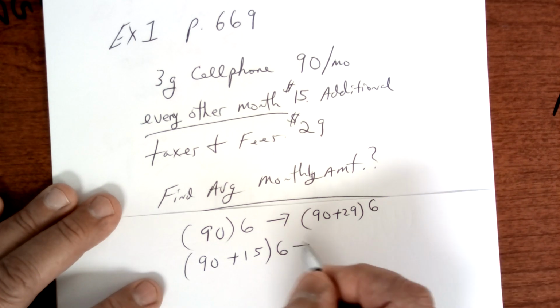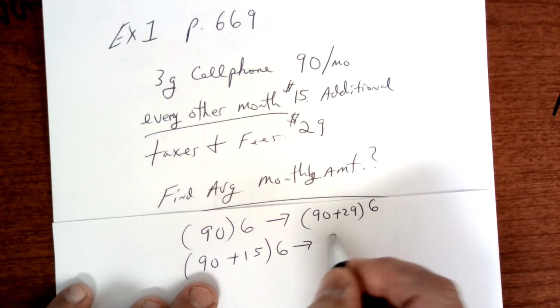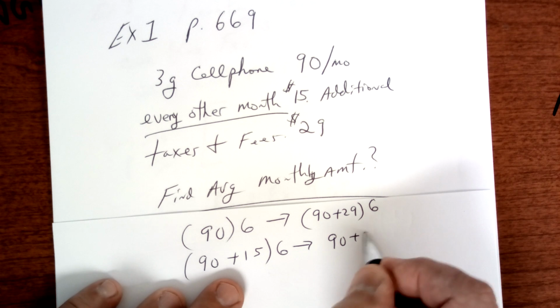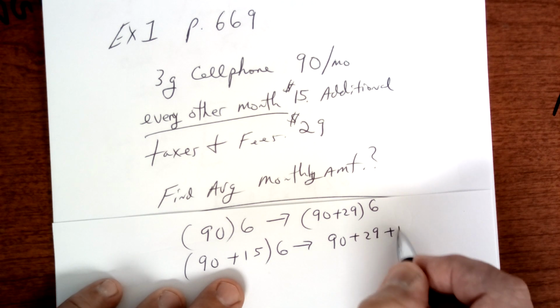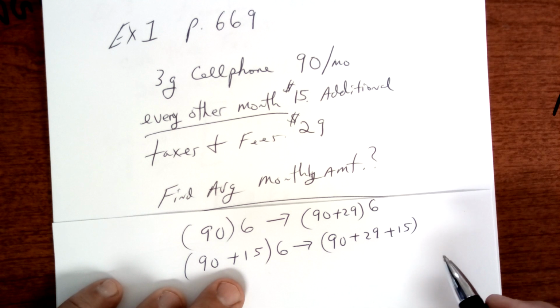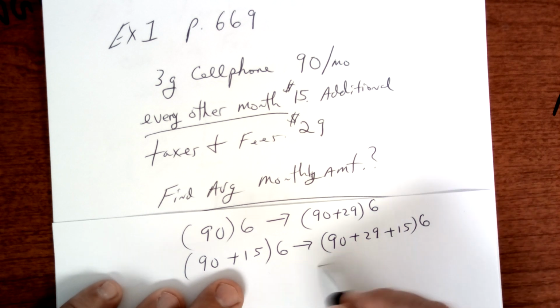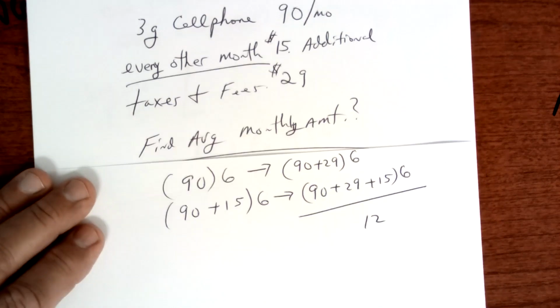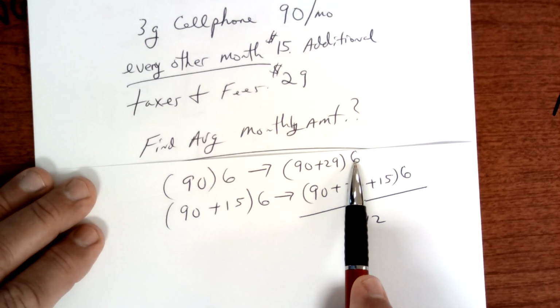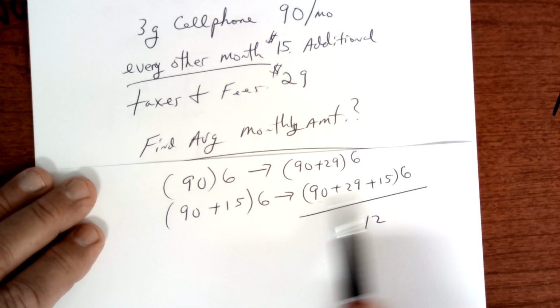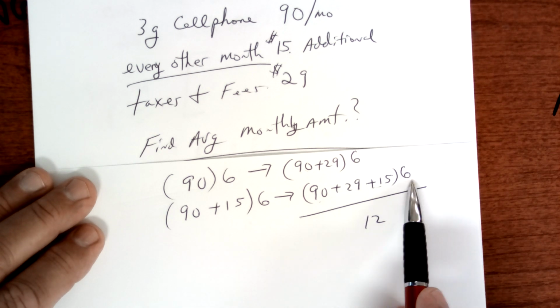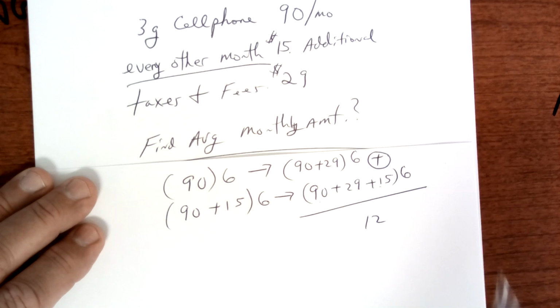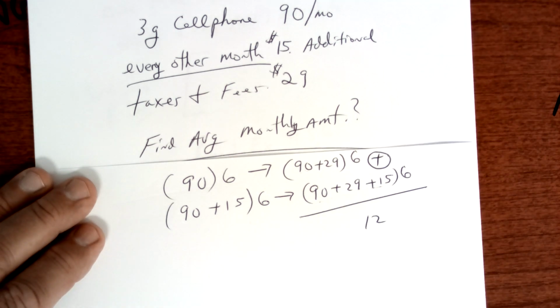This one should be 90 plus $29 plus $15 every other month because they're exceeding it, times 6, and then you're going to divide everything by 12. And that's how you do this problem. So you add this up, multiply by 6. Add this up, multiply by 6. Add those together, and then divide by 12. And that'll give you the average.